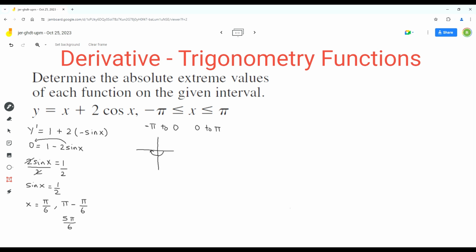So let's start with x equals negative pi. We sub in x as negative pi in the given function.